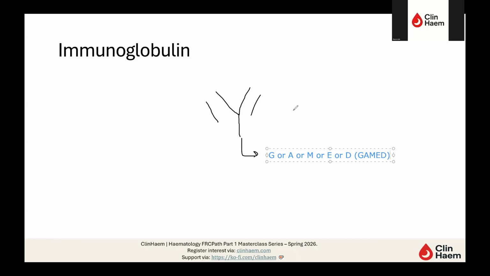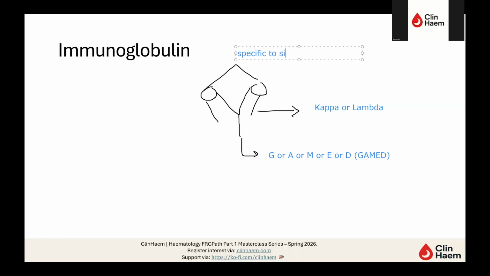And these light chains can be either kappa or lambda type. And of course, as you know, they're held together with the heavy chains. And this is the variable region, which is different or specific to each immunoglobulin, specific to, sorry, each single antigen.